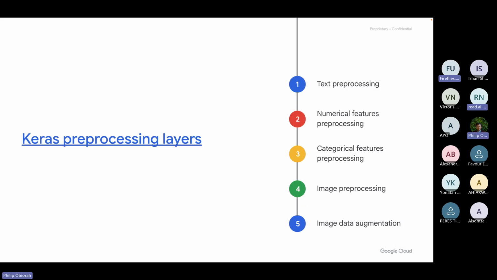That means the model handles all transformation logic internally. Now, what's the benefit of using the Keras processing layer?